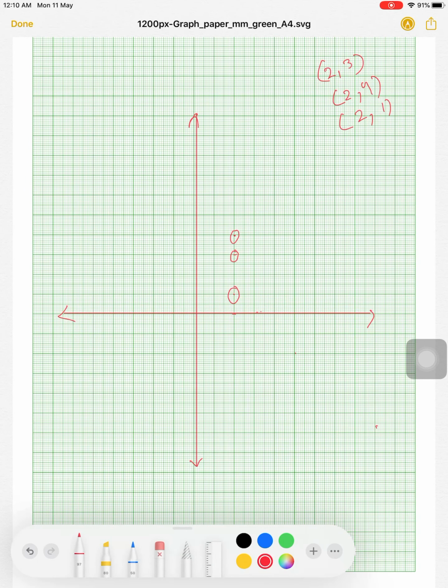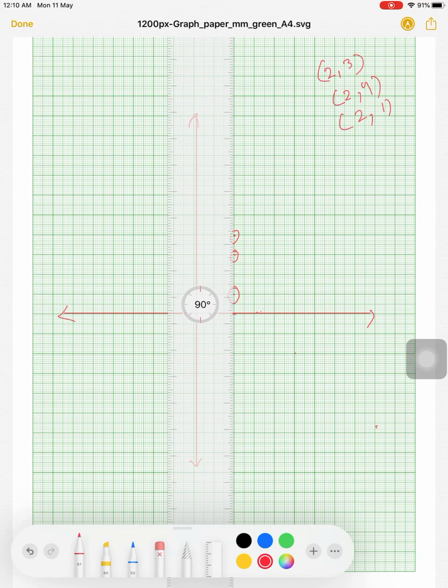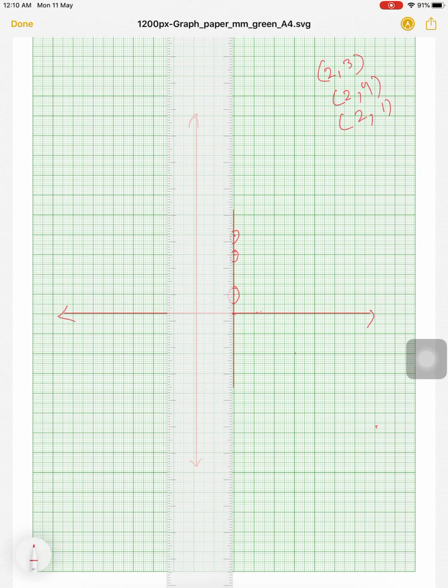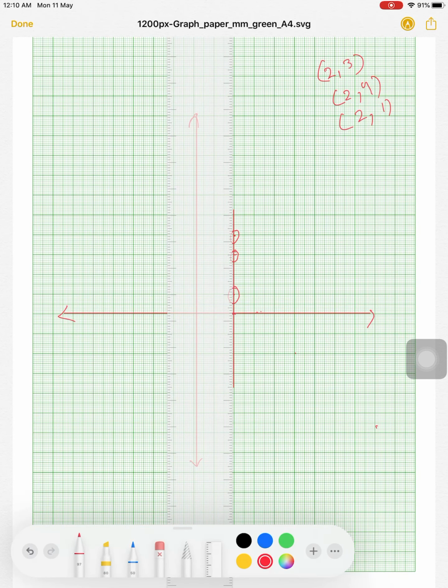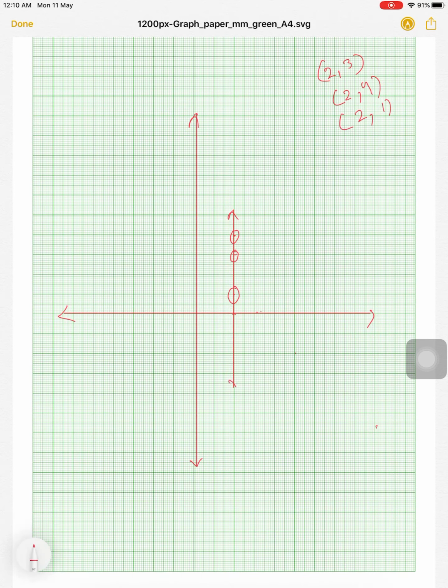If I join these points again, what do I get? Now I have joined the points, and what is the result? I got a line which is parallel to the y-axis.